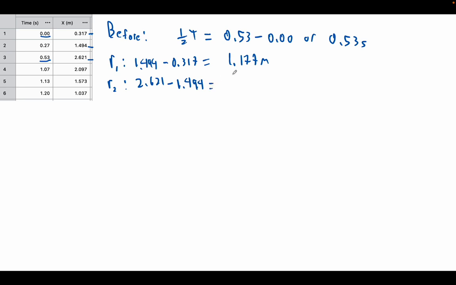And this will give us some sense of how much I moved, right? So 2.621 minus 1.494. Is that right? It's 1.127.